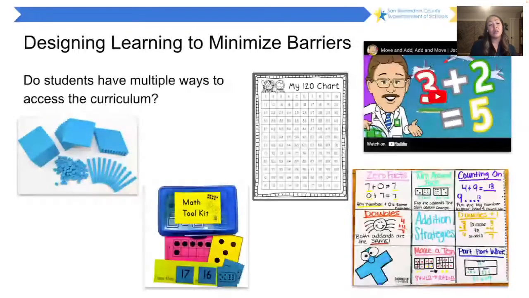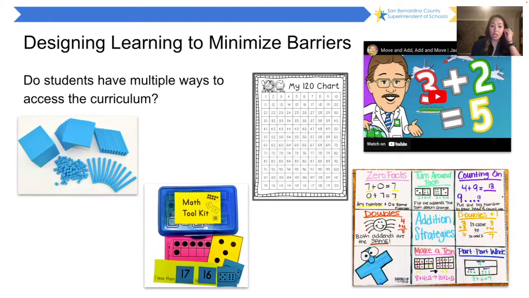Here is a way I would design a lesson to minimize barriers. I'll remind you of the standard: with a two-digit number, mentally find 10 more and 10 less than a number without having to count, and explain the reasoning used. Here are some ways you could support this in the lesson. I would have all of these tools available in my classroom so I could give them to students as needed or allow them to choose what they want to do.